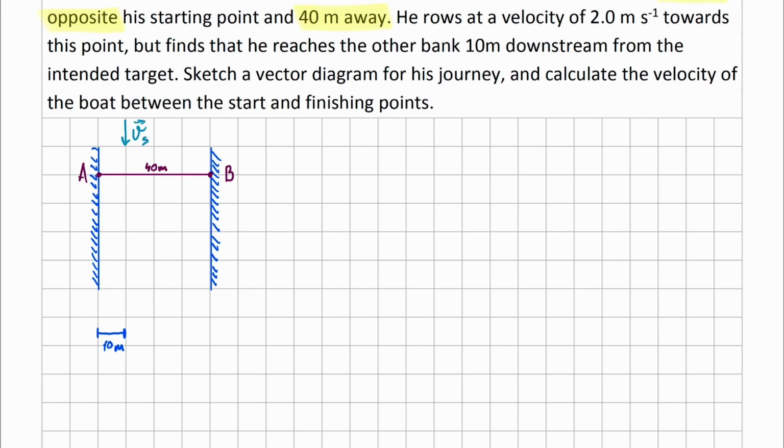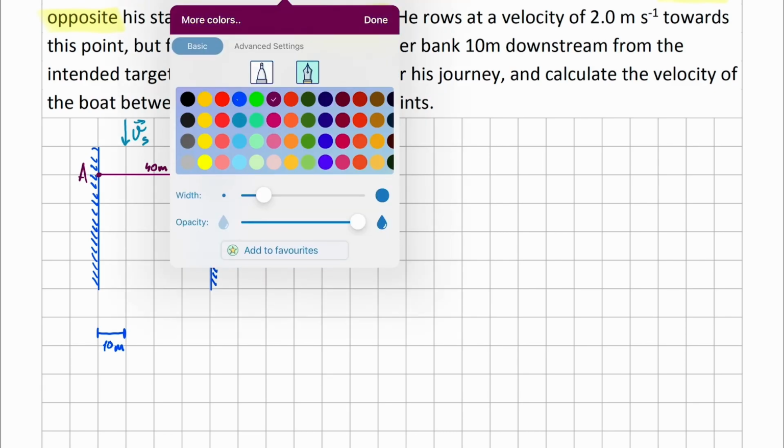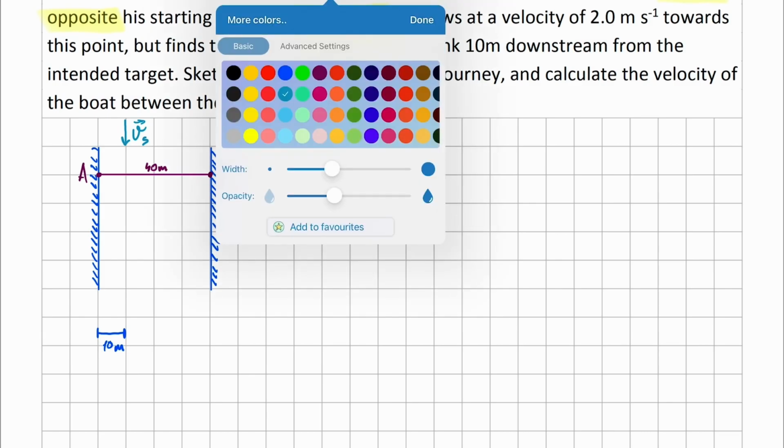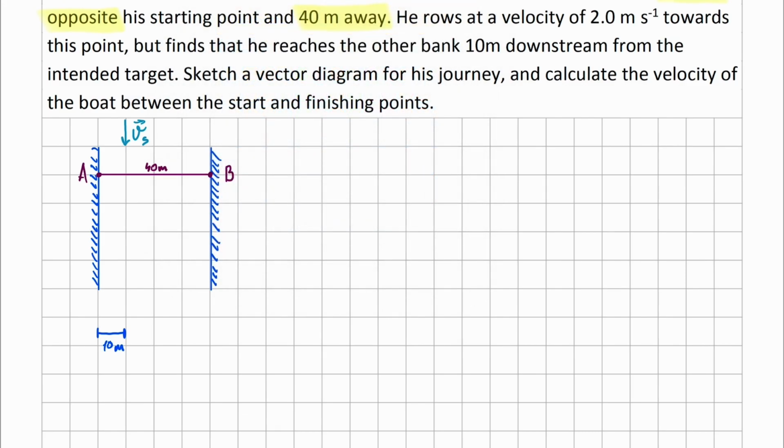This is the direction of the stream. Next, 10 meters down the stream. That's one of the main points, and that's actually legit for us. The other bank 10 meters downstream. So this is the point where he ends up.